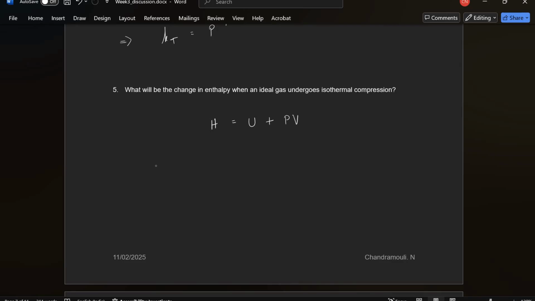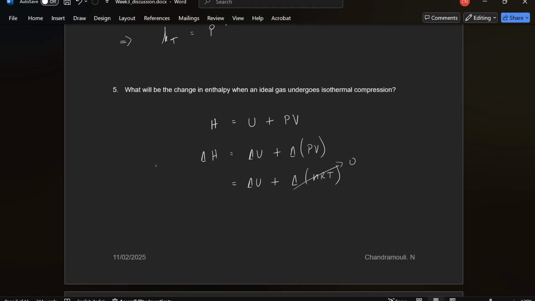We can write delta H, the change in enthalpy, as delta U plus delta PV, which can be written as delta U plus delta nRT. Since this is an isothermal compression, the number of moles does not change and R is a universal constant, so this term is going to be 0.